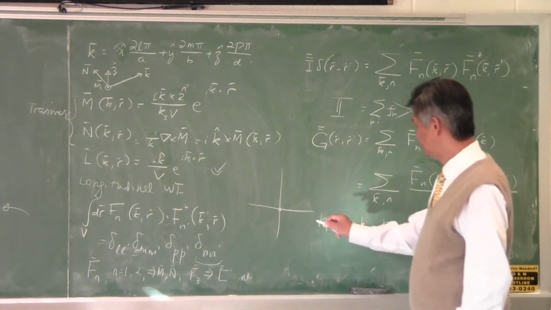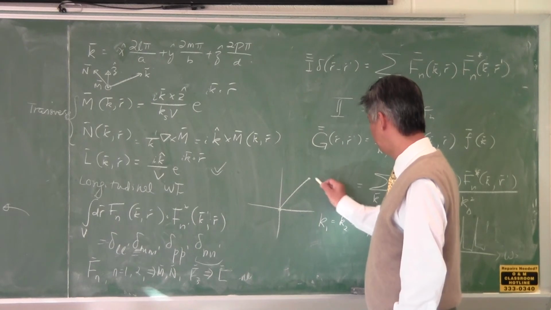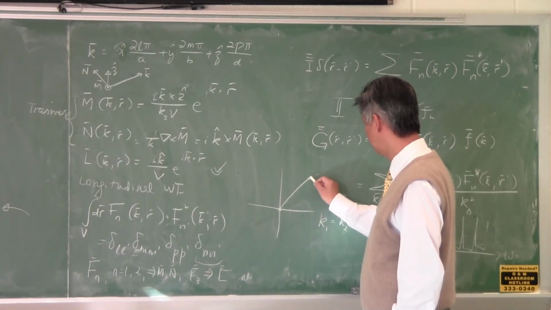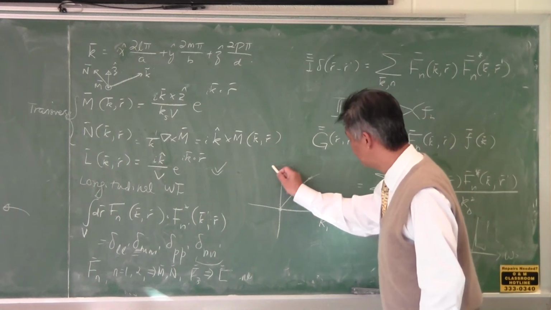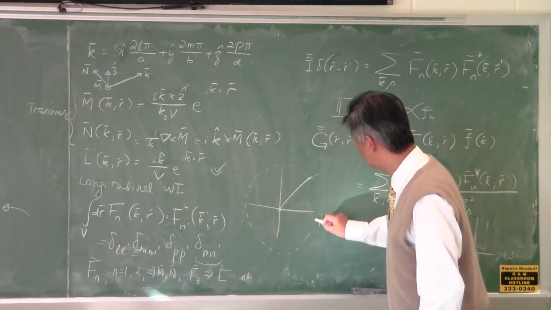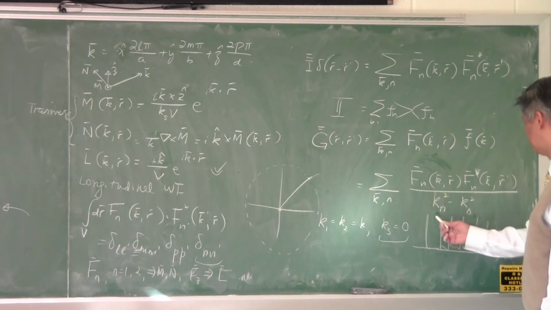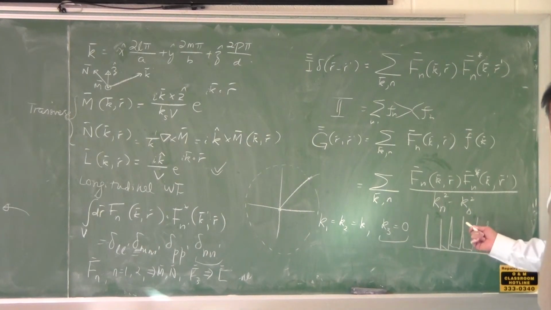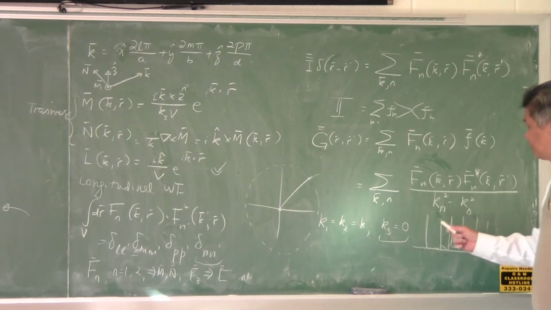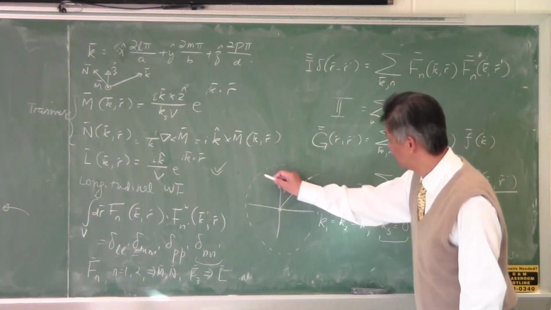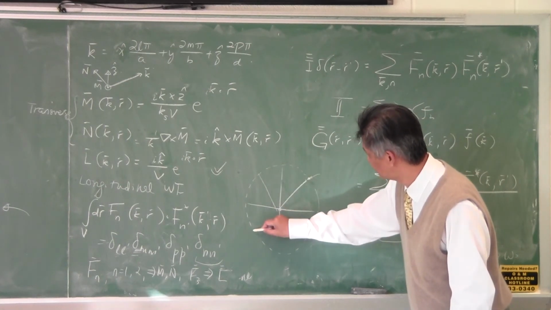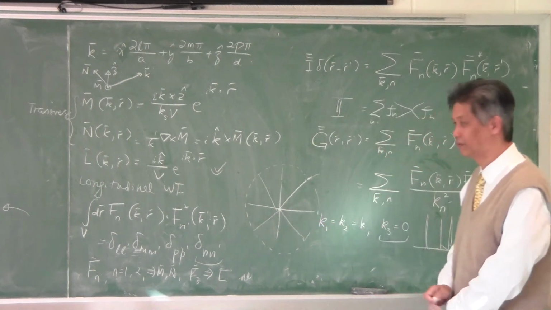But then, each k vector, if I find a discrete mode k vector, it might be degenerate with other k vectors that belong to the same circle. As I perform this experiment, I'm actually moving on a circle, right? When I perform this experiment by sweeping the omega and changing the radius of this circle over here, I might be hitting other degenerate modes that also lie on that circle.